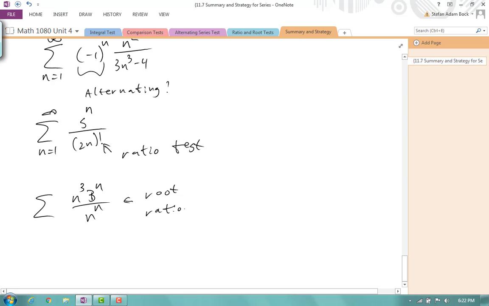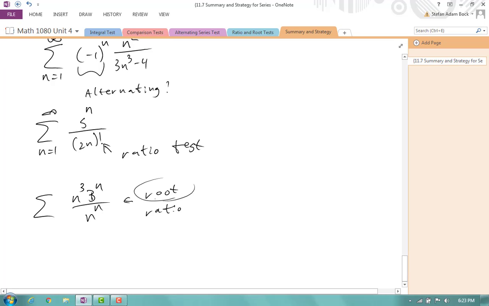Preferably, I would choose the root test for this problem because I don't want to have to multiply out an n plus 1 to the power of n plus 1, or I don't want to do n plus 1 cubed because I would have to multiply all of this out, and that sounds like a lot of work.